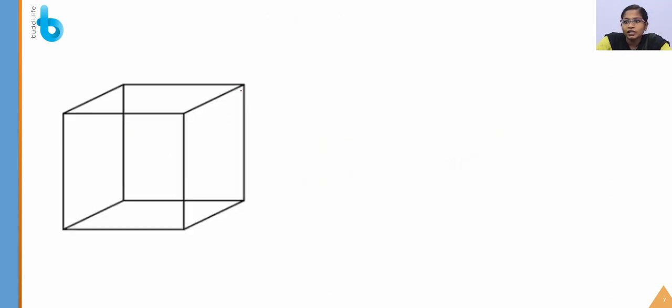So this is the unit cell. An atom can be occupied at this position, and this is known as the corner of the unit cell. So, corner atom. And this one is the edge of the unit cell. An atom can be occupied at the center of an edge, known as edge centered atom. And then this is the face of a unit cell.